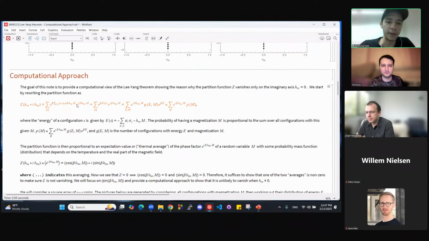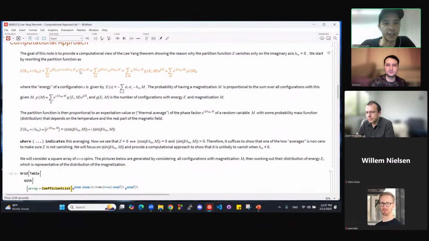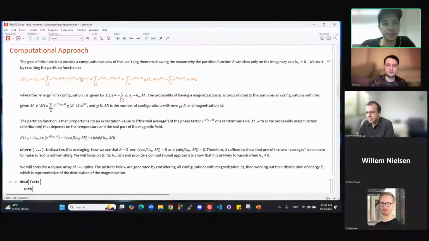It's quite a similar idea to this one, but they considered beta times h imaginary and created a model, a spin system, in an experiment where the coherence time between the spins is given by something that looks like this, where beta h imaginary corresponds to the actual propagation time in real life.